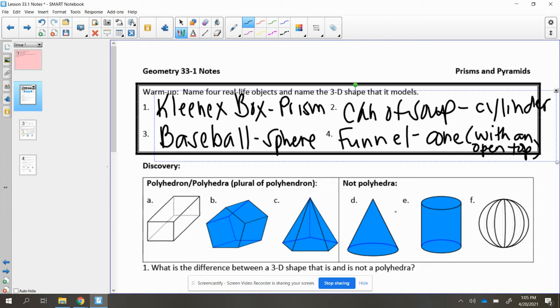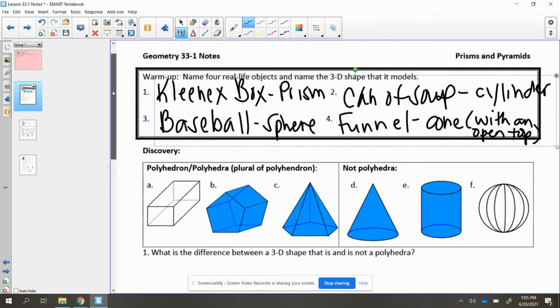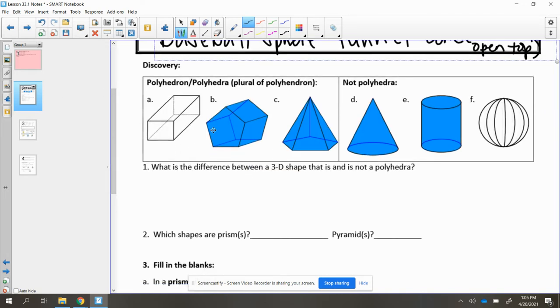Now, moving on to talking specifically about 3-dimensional figures, we have polyhedra, or one singular polyhedron, and we have figures that are not polyhedra. What is the difference between our 3D shapes that are polyhedra versus the ones that are not?